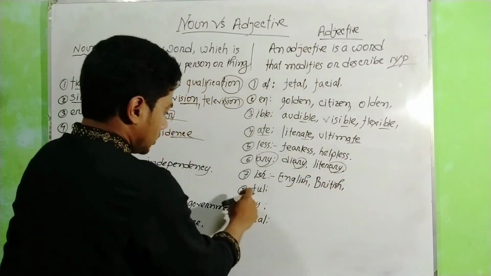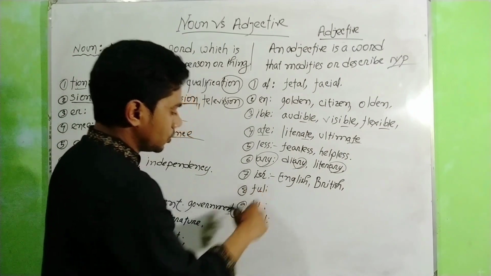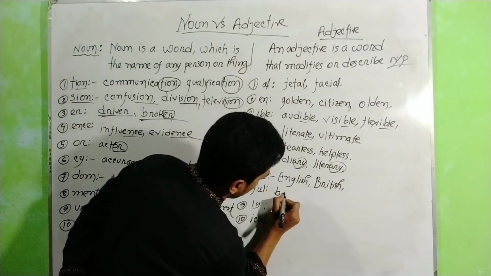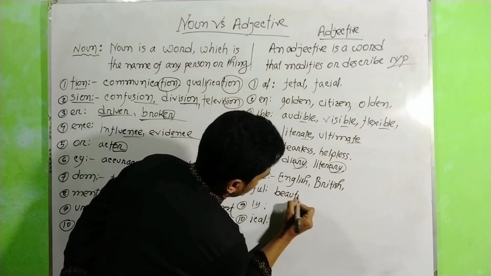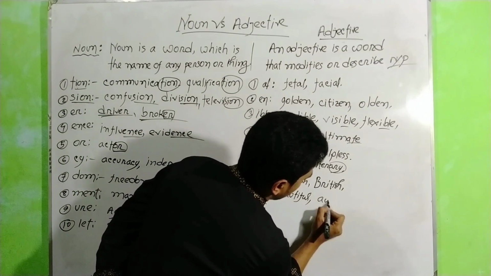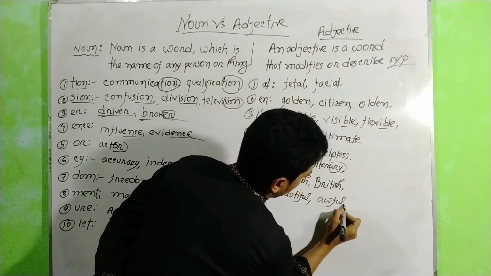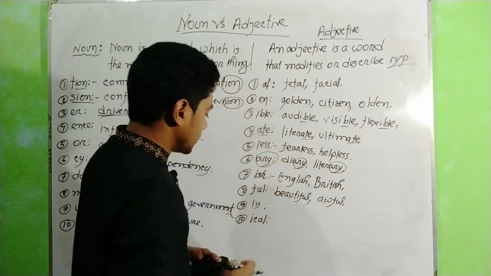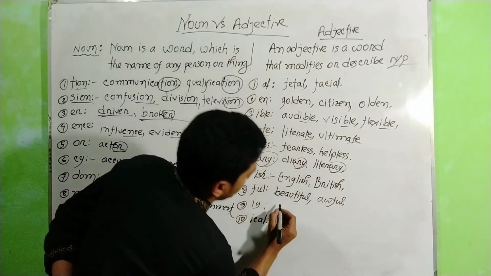These are adjectives. So let's look at number eight, full. There are so many examples that we can say: beautiful, awful. Yeah, so many. Think of some adjective that ends with ly. You can say friendly.